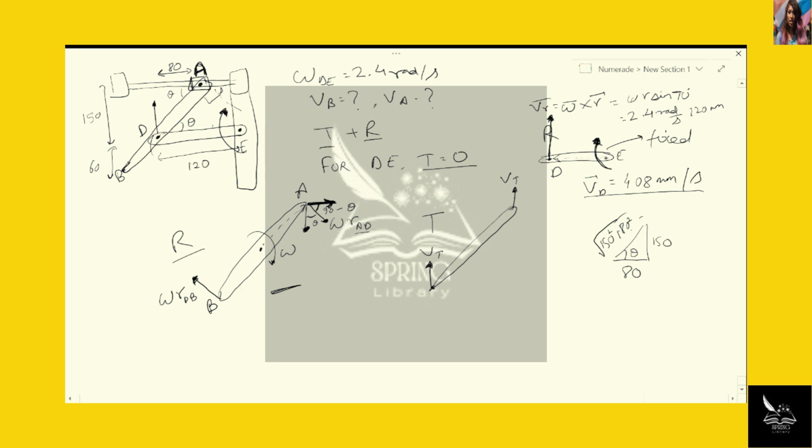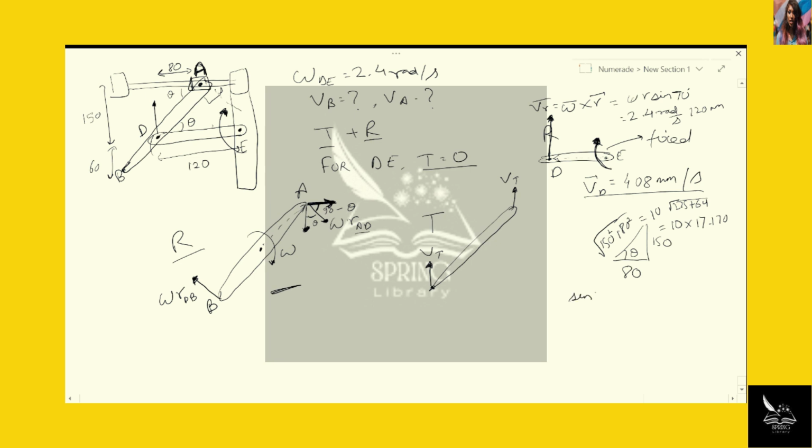And this is just 15 squared and 8 squared, with 10 taken out common. So this is 10 times the square root of 15 squared, which is 225, plus 8 squared, which is 64. So this gives us 10 times the square root of 289, which is 17. So this is 170 millimeters.